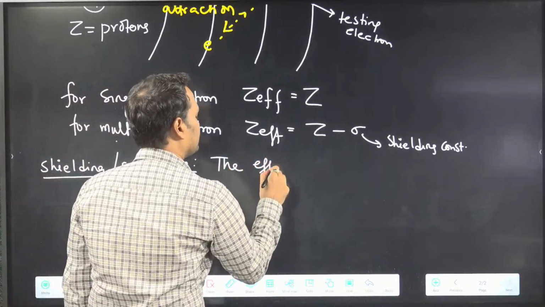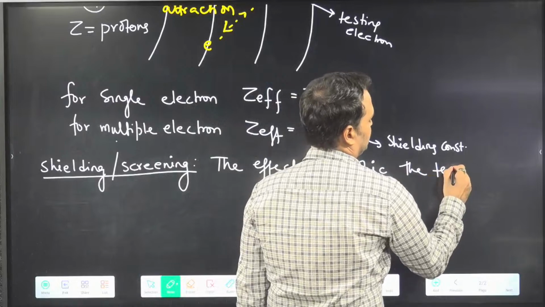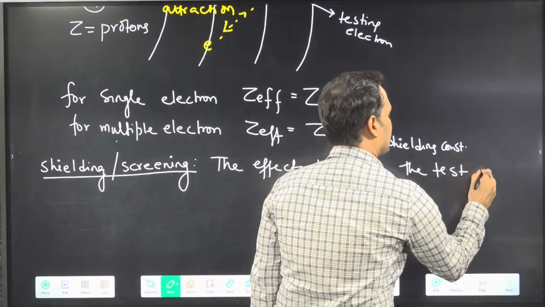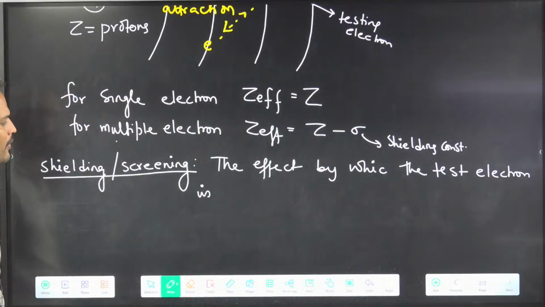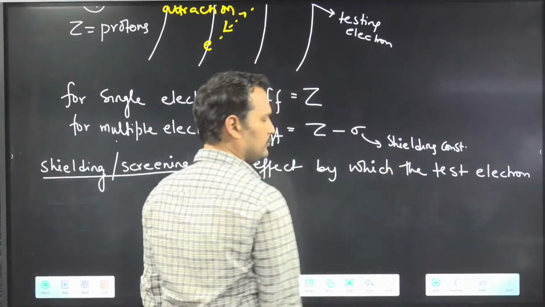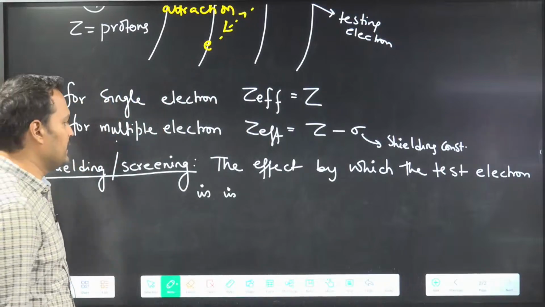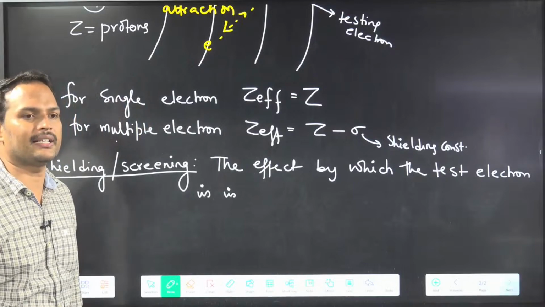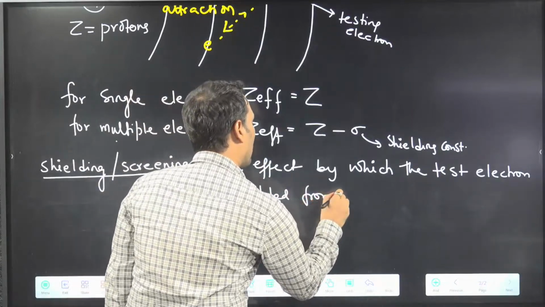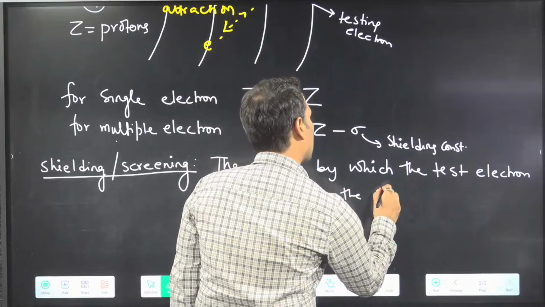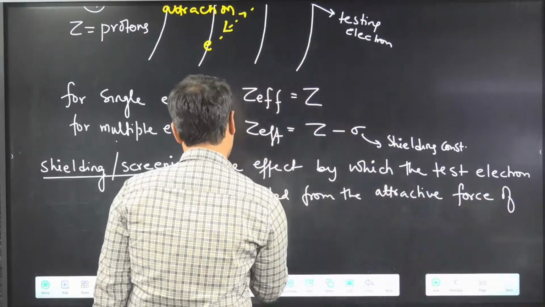The effect by which the test electron is screened or shielded from the attractive force of nucleus.